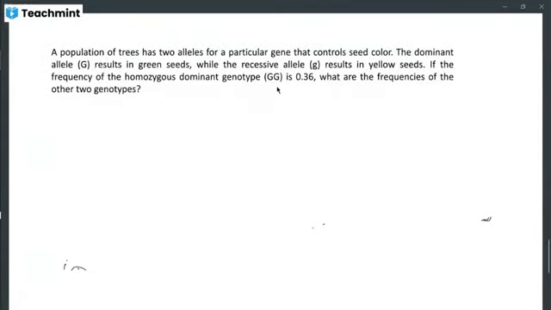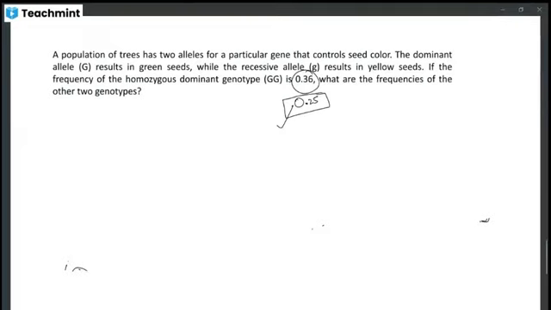So in the same question, if I replace the genotypic frequency of the homozygous dominant genotype with 0.25, then what would be the genotypic frequency of the other two genotypes? If I just replace the 0.36 with 0.25, then what would happen?